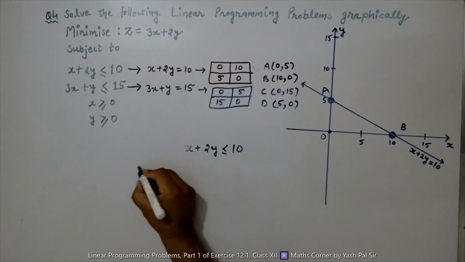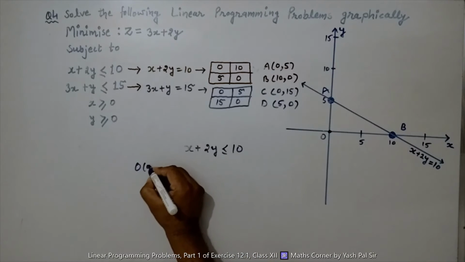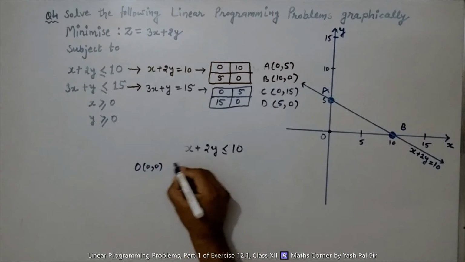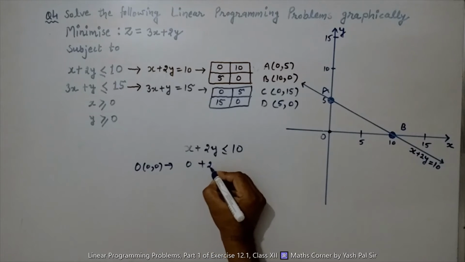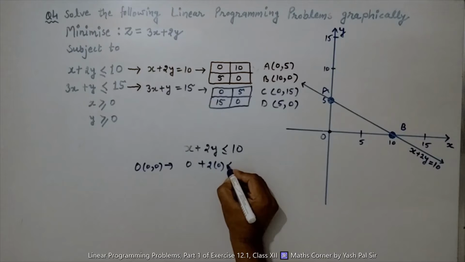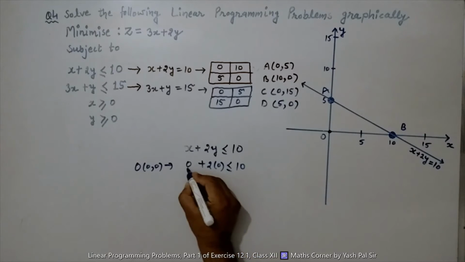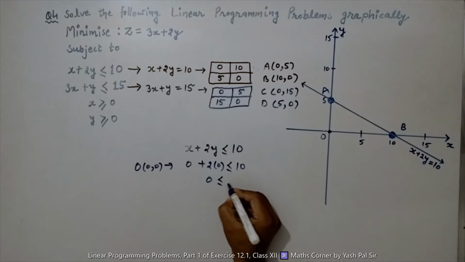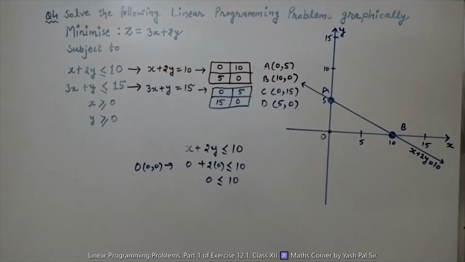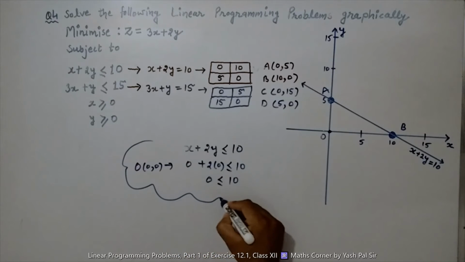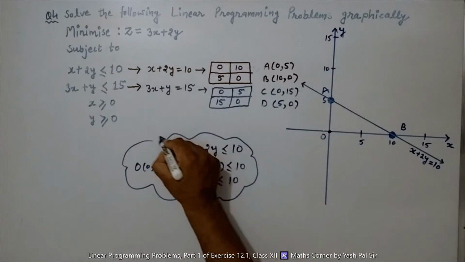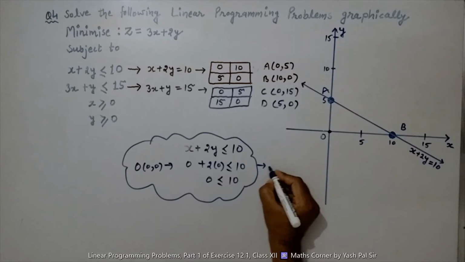Suppose origin O is the point. Coordinates of origin are 0, 0. So we put x value 0 plus 2 into y also 0 less than or equal to 10. So the whole is 0 is less than or equal to 10. So the conclusion is shade towards 0, 0.